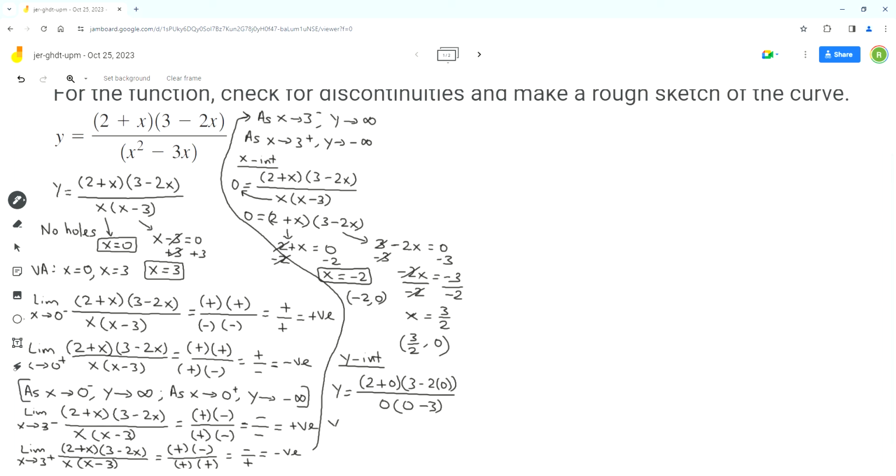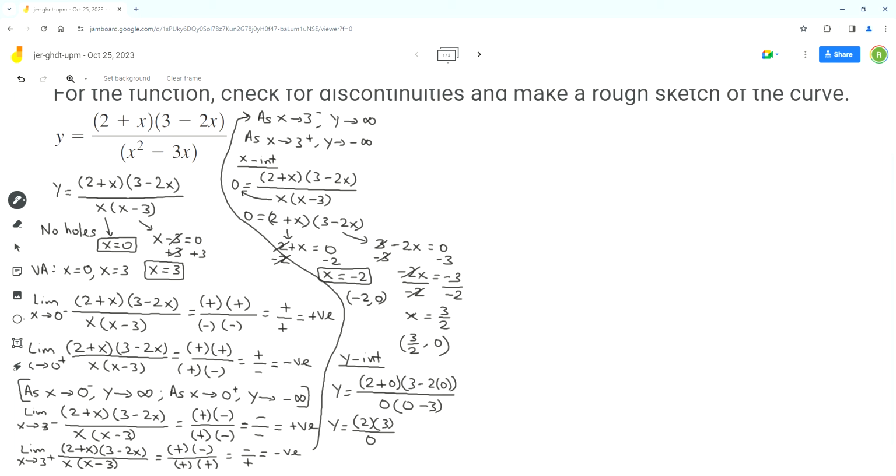Now if we simplify this expression, we get 2 times 3 in the numerator, because in the first parentheses 2 plus 0 is just 2, and in the second parentheses 2 times 0 is 0, so 3 minus 0 is 3. Now in the denominator we have 0 times (0 minus 3), so 0 minus 3 is negative 3, and 0 times negative 3 will be 0.